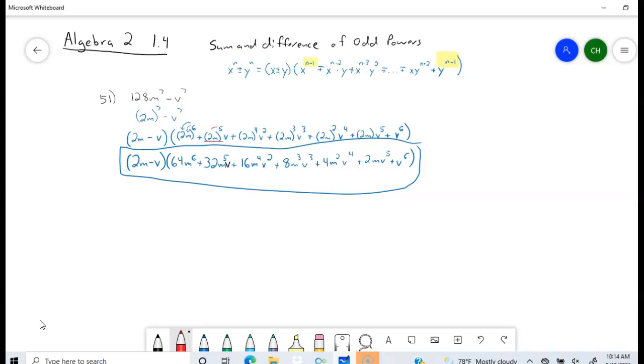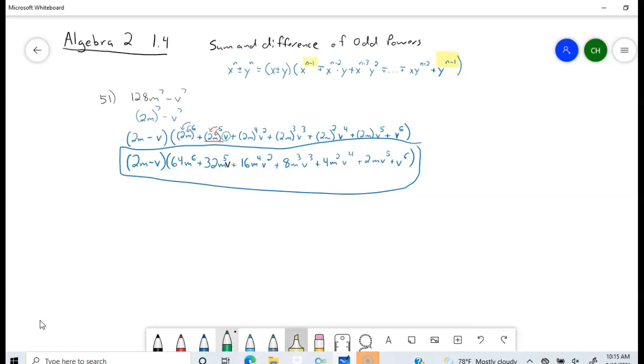I need to apply that exponent to the 2, and I need to apply it to the m. But at the same time, I cannot forget that I'm multiplying whatever that result is times v. So you saw me almost make the mistake. There wasn't a whole lot of terribly hard math in this problem, but there's a lot of steps, and we just got to make sure.